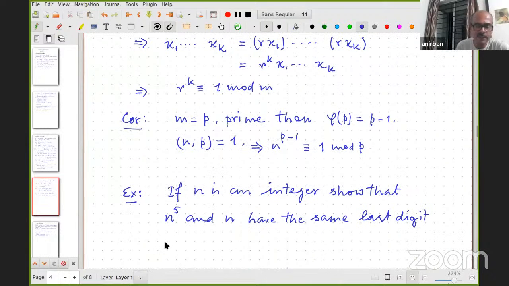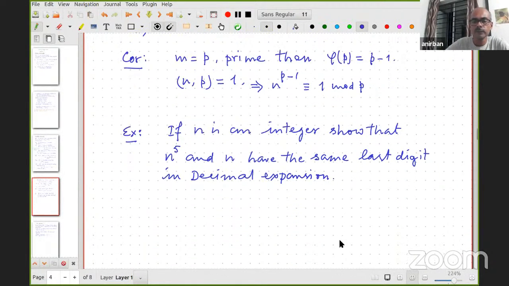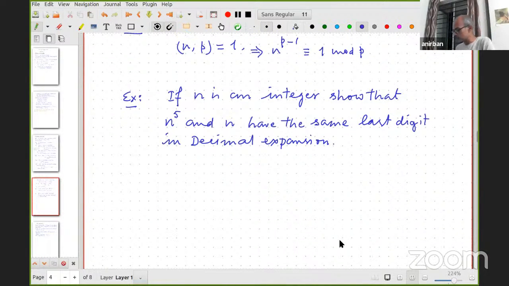So when you write the decimal expansion, they end up with the same digit. The last digit is the same. So that's a simple exercise to try. And I would also add some more exercises, but let's move on for the moment. Exercises we can discuss later.